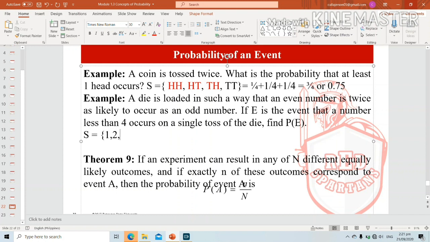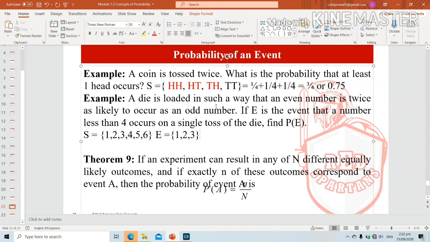So, ito, 1, 2, 3, 4, 5, 6. So, yung ating sample space. Then, sabi, ang event E daw natin ay less than 4. Ang less than 4 natin is 1, 2, and 3.